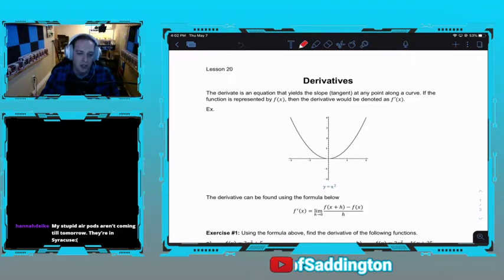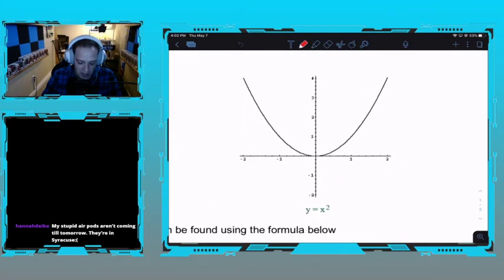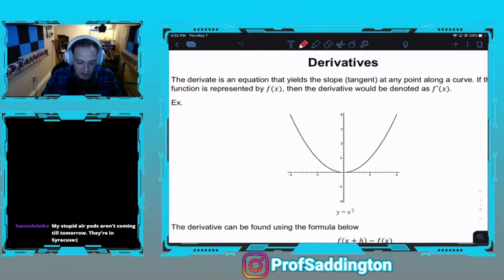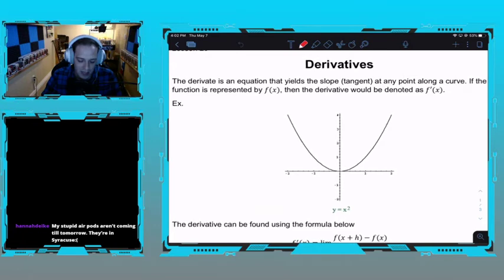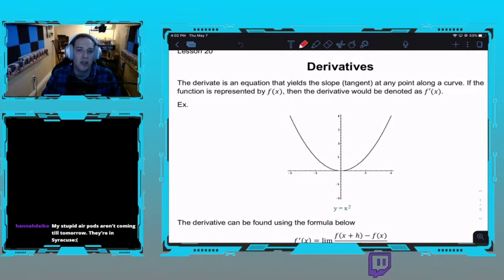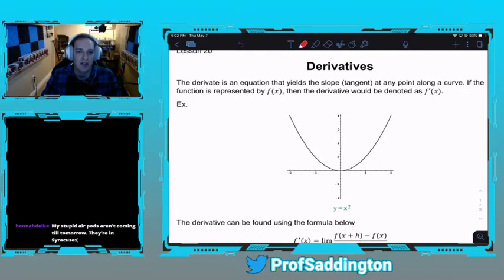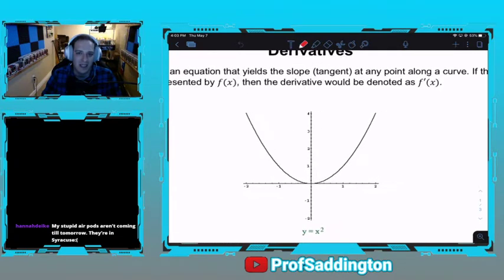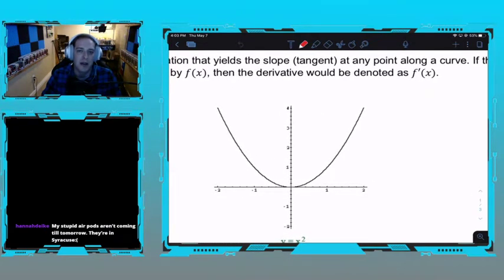Okay, so the definition states the derivative is an equation that yields the slope, or what we call the tangent, at any point along a curve. If the function is represented by f of x, the derivative would be denoted as f, and it has that little tick there that's called prime, x.